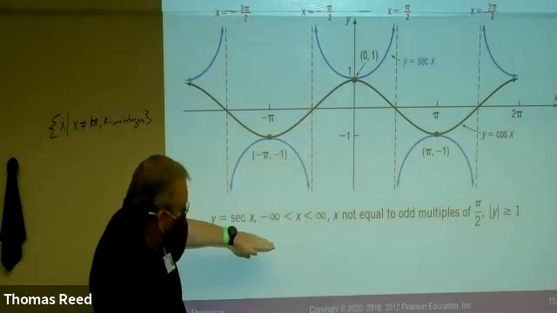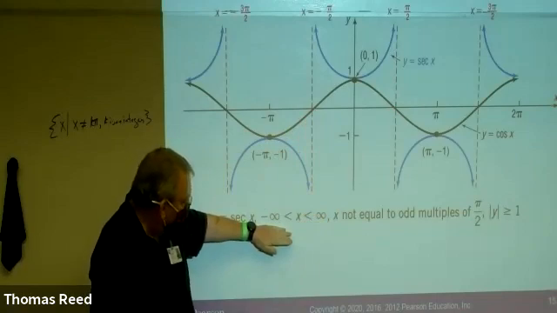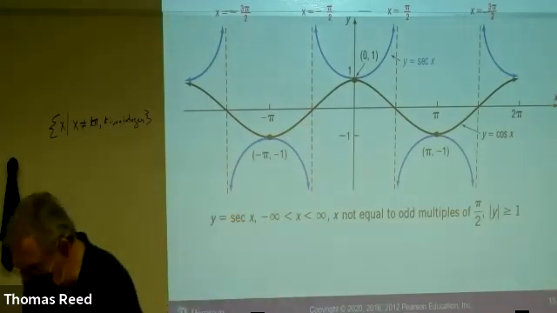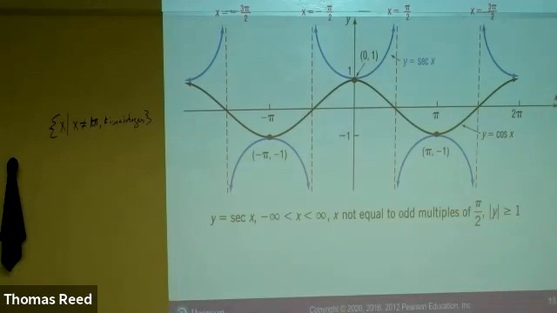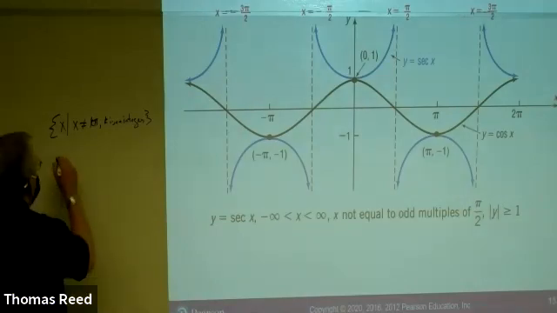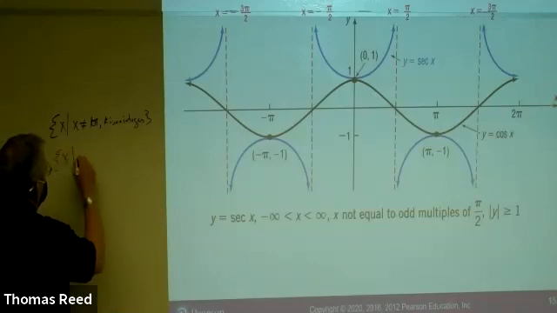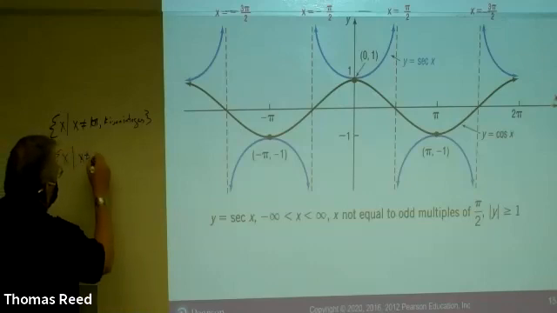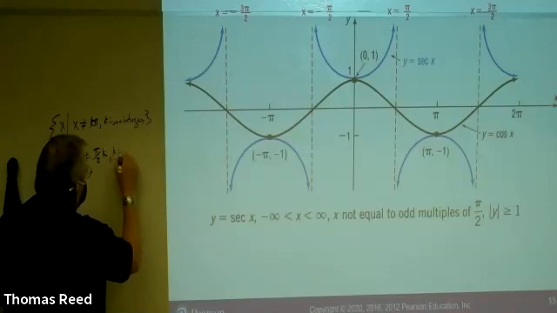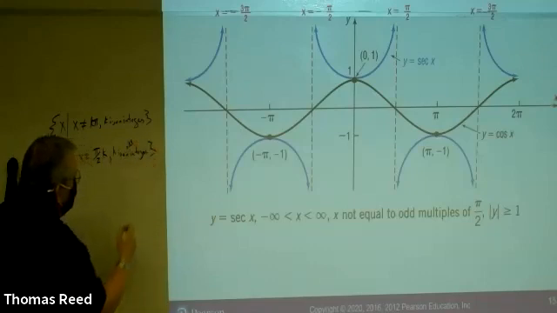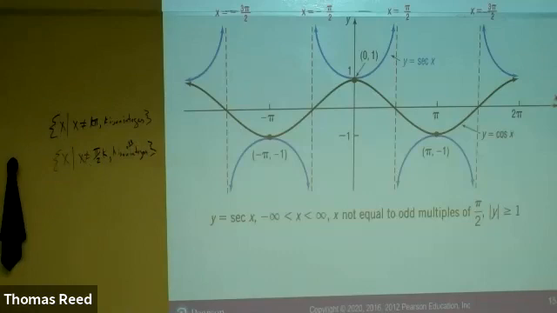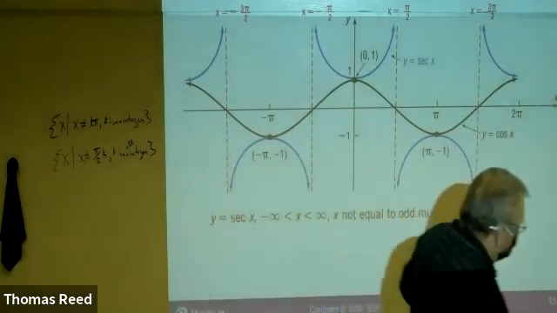So that means the odd multiples of pi over 2 will not be in the domain. So similar to this, but it's x such that x is not equal to pi over 2 k, where k is an odd integer. Because that whole value is of pi, it's at -1 and positive.